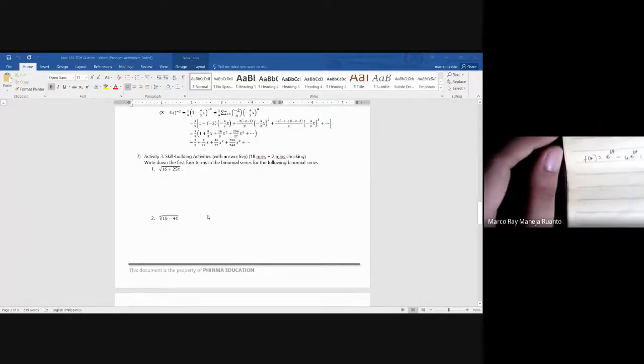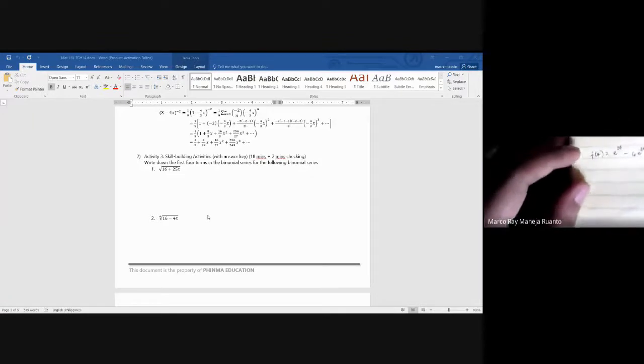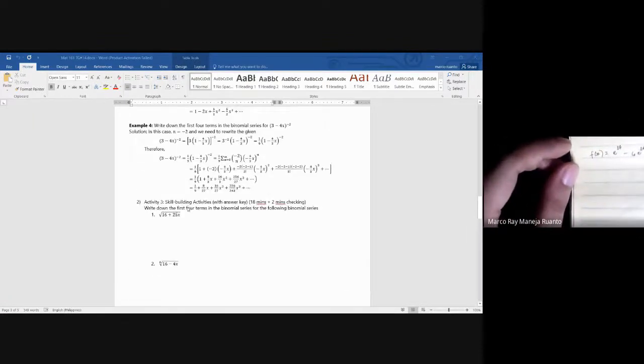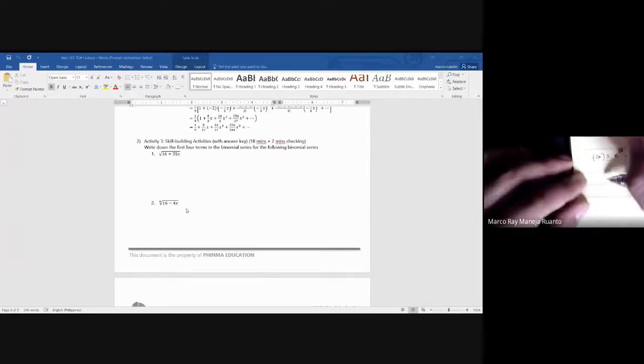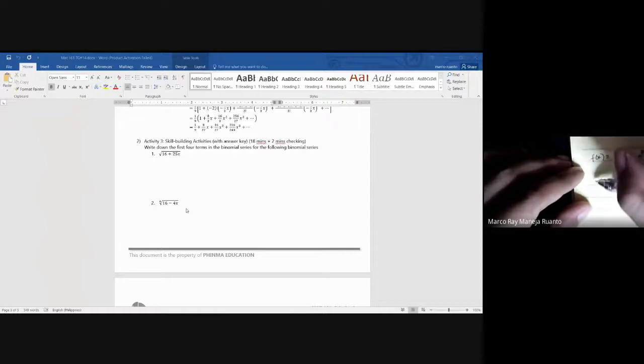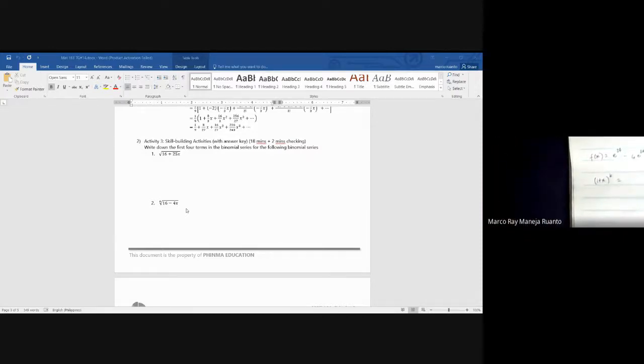Okay, let us try to use this problem, Activity 3 item number 1, for the binomial expansion. Wait lang class, I'll look for the formula, the one that is easy to express, since it wasn't introduced in your module.